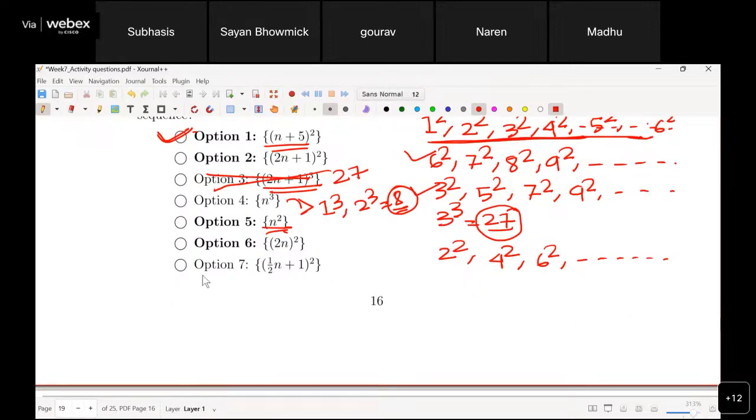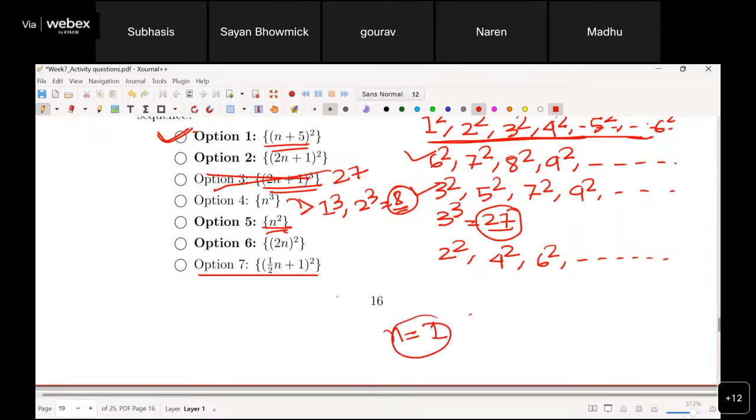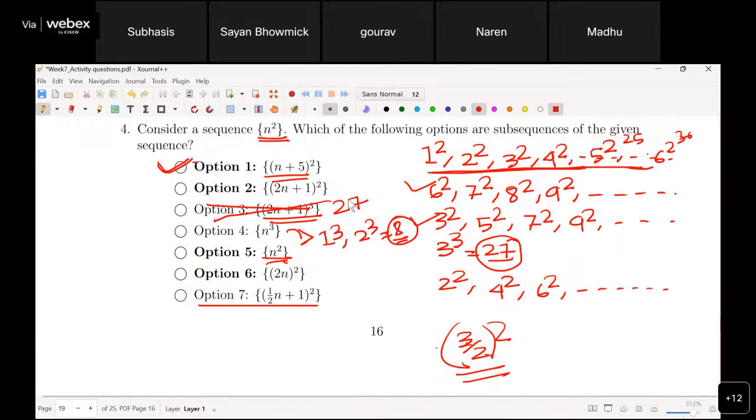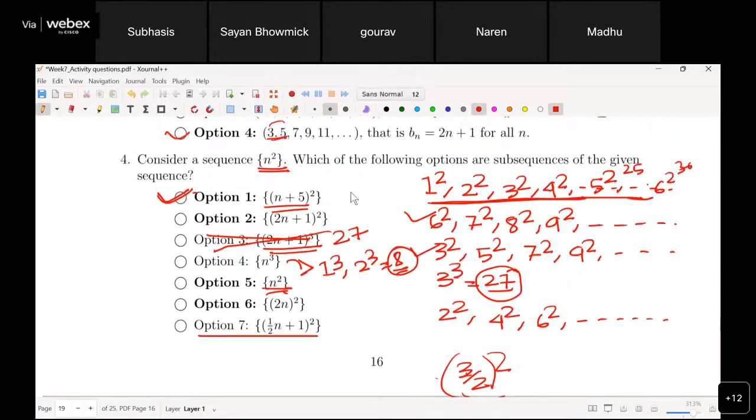The last one, option 7, is incorrect, because if I take n equal to 1, I get 3 by 2 square. 3 by 2 square is certainly not in the original sequence. So this is not a subsequence.